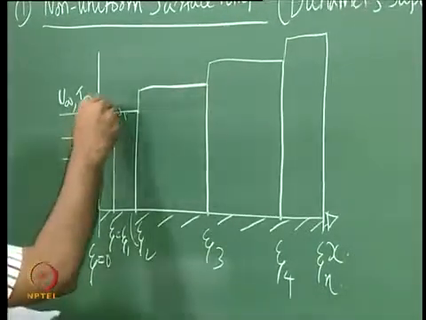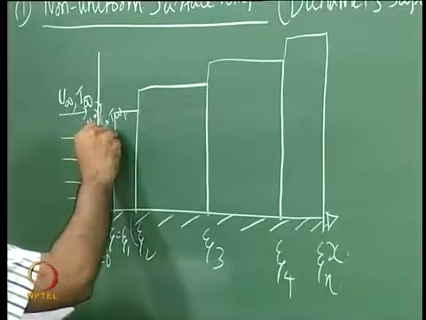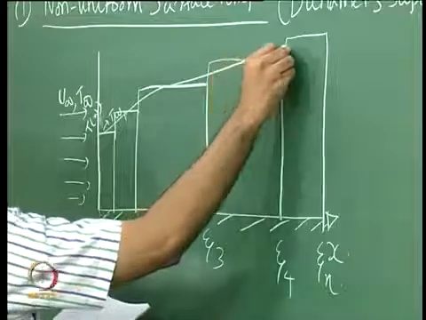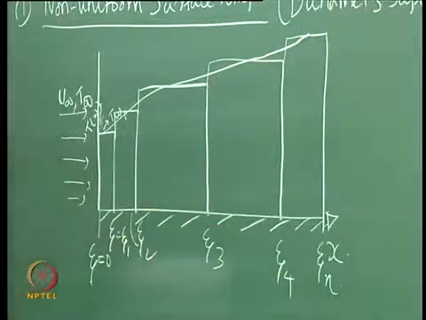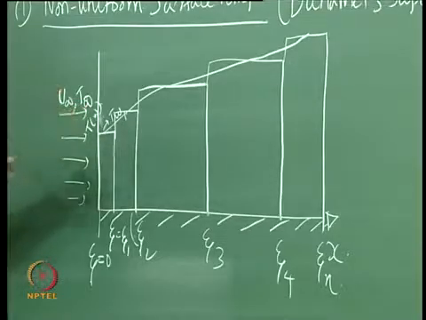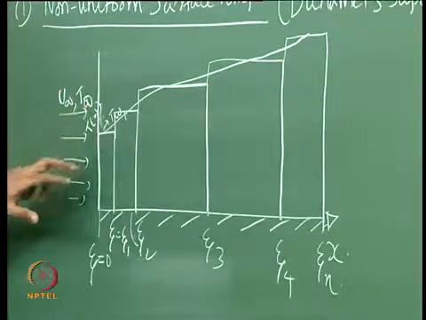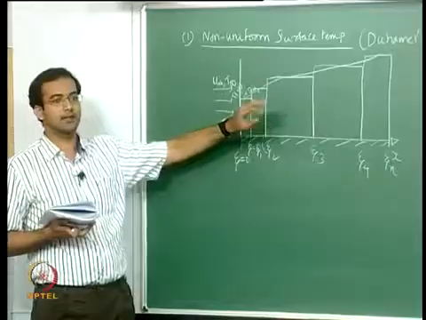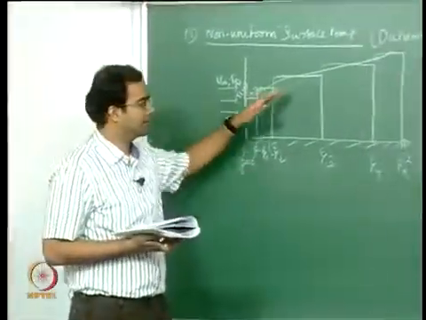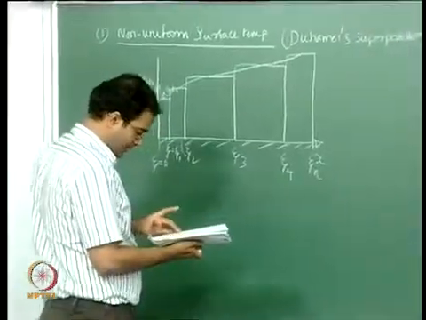This is like an approximation to a profile which is like this. Suppose your wall temperature profile was this, the basic approximation is to assume piecewise constants. You break this continuous curve into piecewise constants, and you have an increasing trend in the wall temperature.